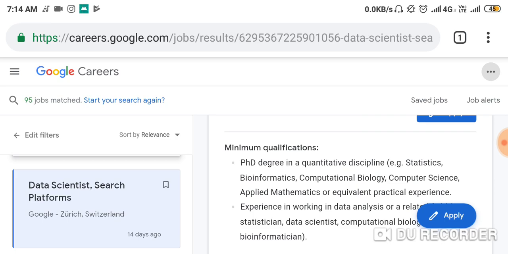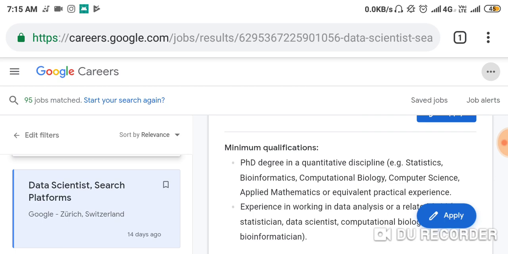People from many different disciplines are making their career in data science, and they are very good. They are able to switch their career, and so you will also be able to do this.